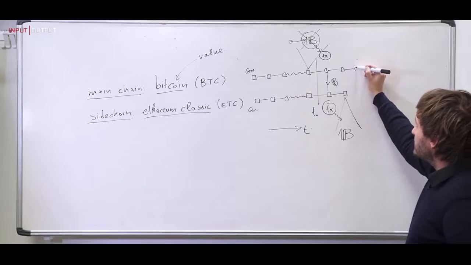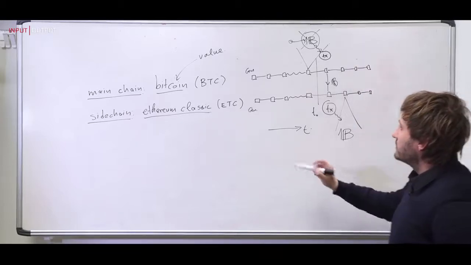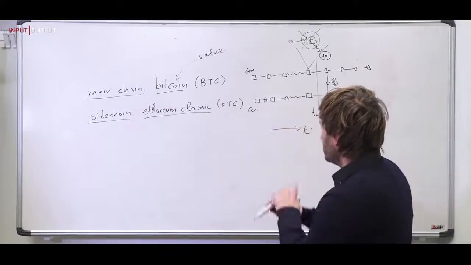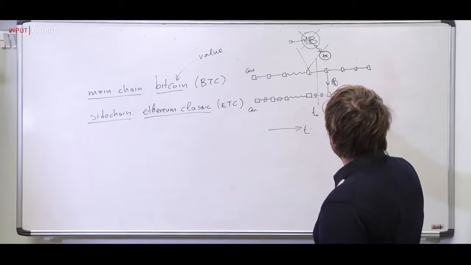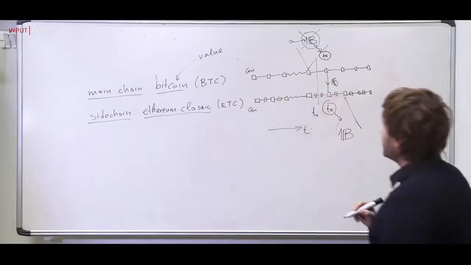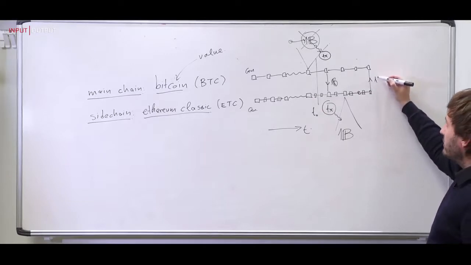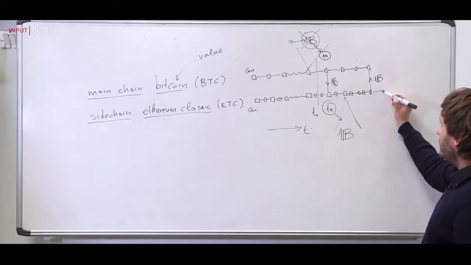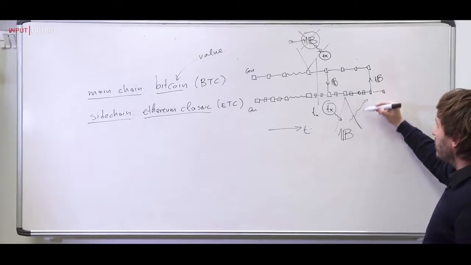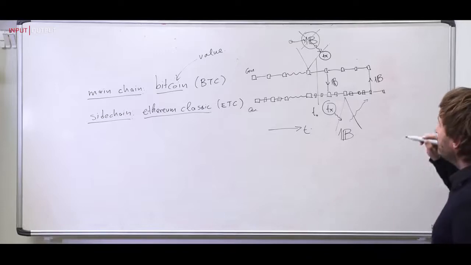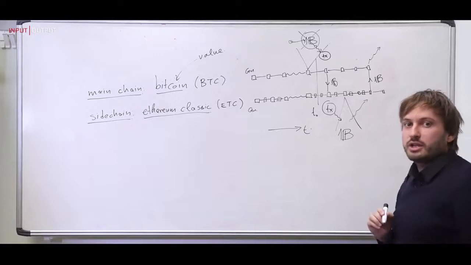And then these blockchains keep evolving. They keep creating blocks. And of course, Ethereum blocks are much more frequent than Bitcoin blocks, so we can represent that like this. And then at some point, I can move that amount back. And so this Bitcoin now is destroyed on the Ethereum Classic chain, and it appears again on the Bitcoin blockchain.